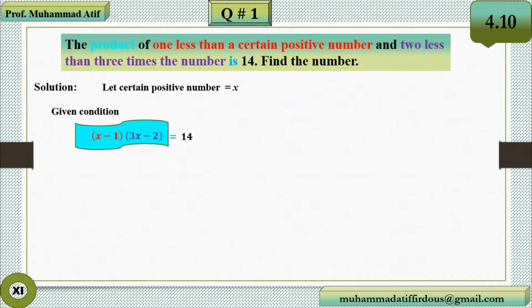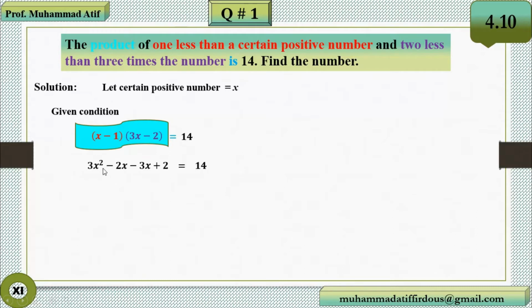Got it? Next, you have to solve this equation by using the quadratic formula, or you can use completing the square, or you can use the factor middle-term breaking method. You can see all these methods in my lecture 4.1. So just simplify this, meaning just multiply the first two terms.